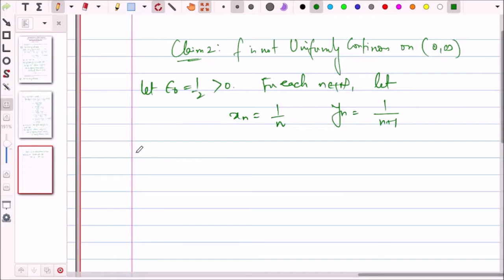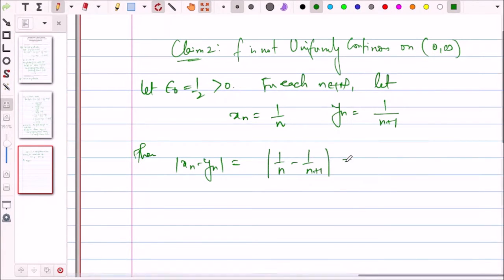Then clearly xn minus yn is equal to 1 by n minus 1 by n plus 1, which is equal to 1 by n times n plus 1, which converges to 0 as n approaches infinity.